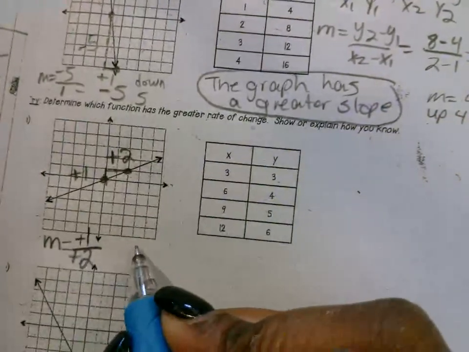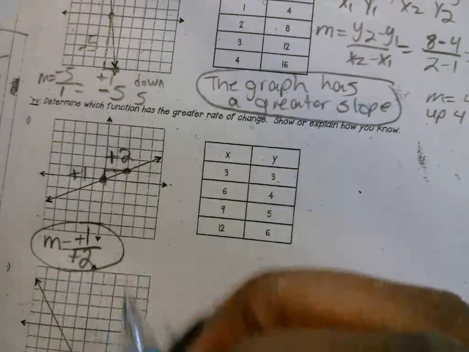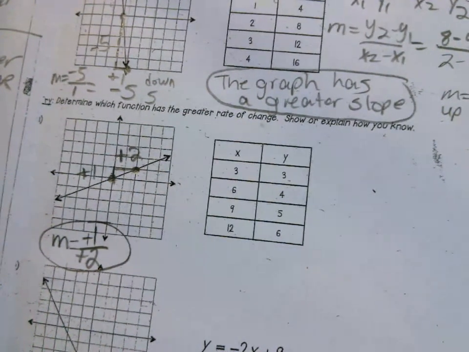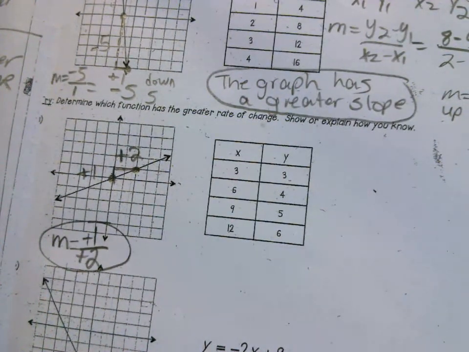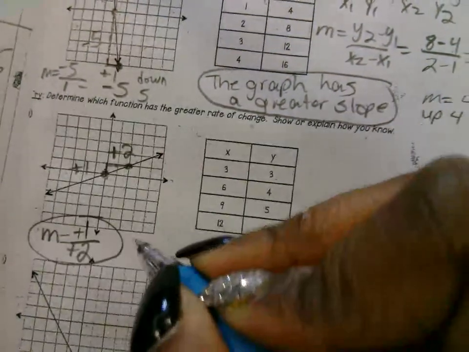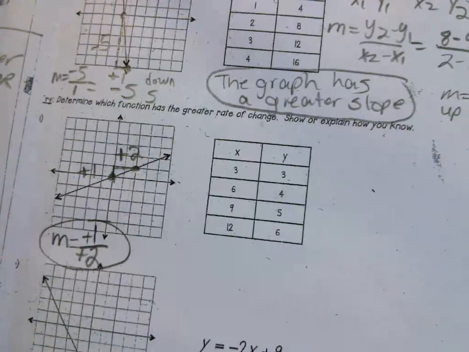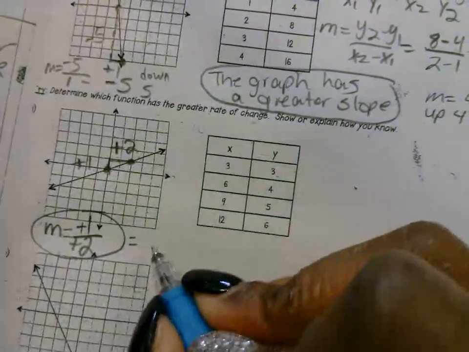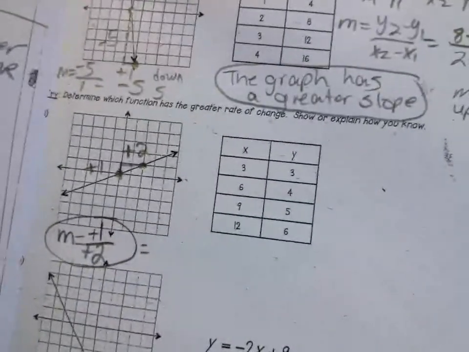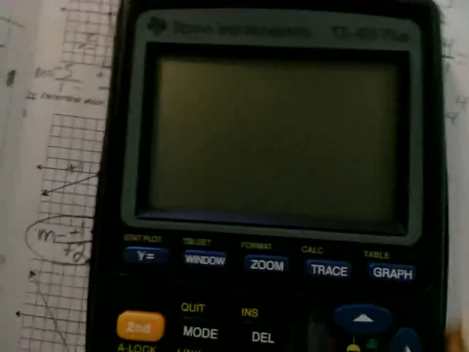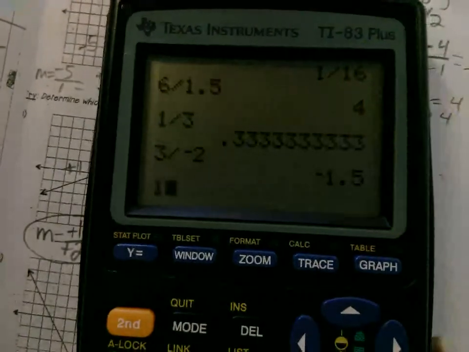So this gives me 1/2. My slope for the graph is 1/2. What's 1/2 as a decimal? 1 divided by 2. Type it in and see what decimal you get. 0.5. 1 divided by 2 is 0.5.